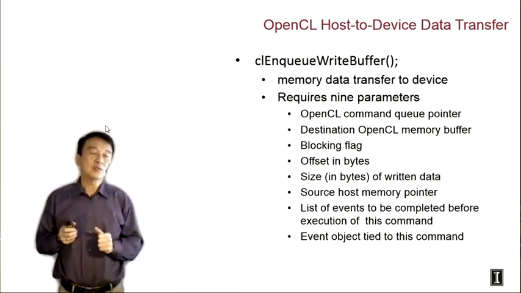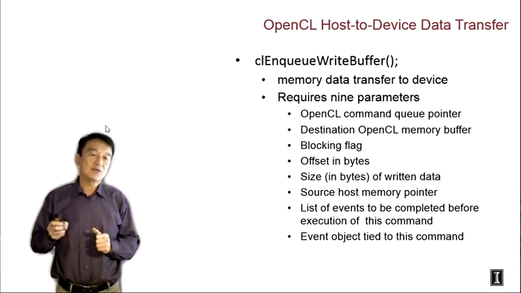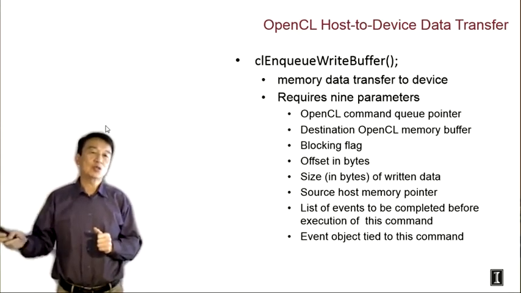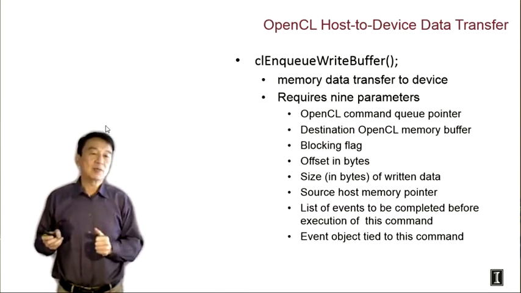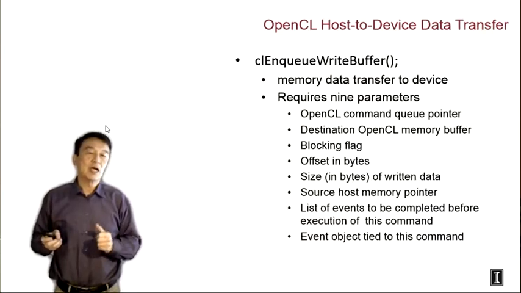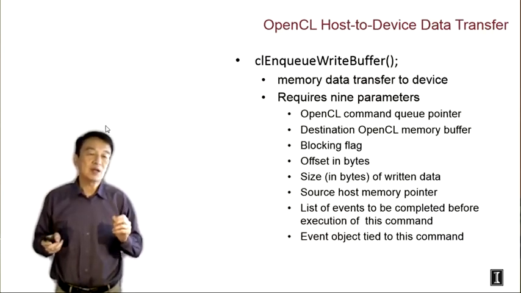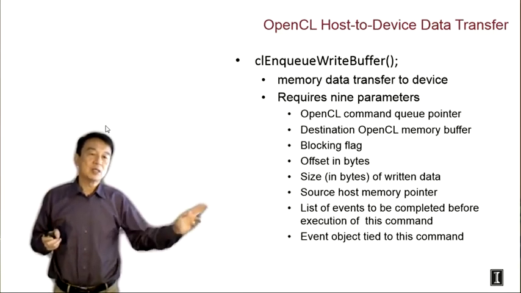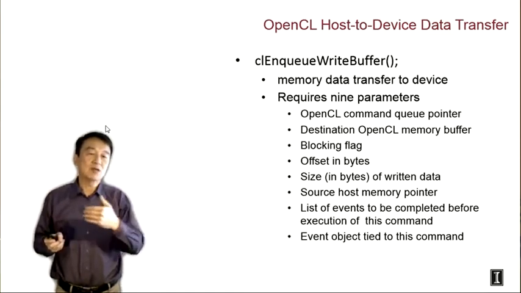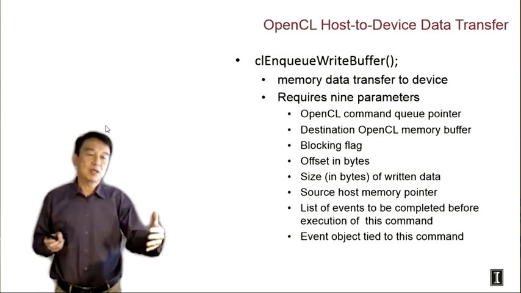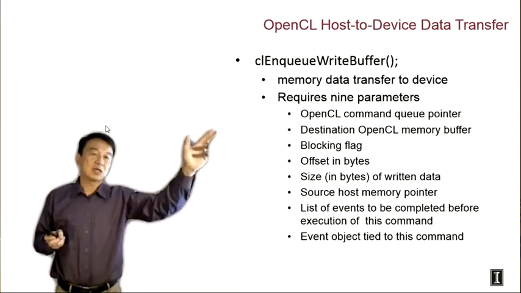And then the source host memory pointer. This gives us the pointer to the host code location where we're going to be copying data from. And then the list of events to be completed before the execution of this command. This is related to the task parallelism that we discussed in the CUDA task parallelism section. It is very similar to the synchronization command, but this allows the runtime to check on several other events that need to be completed before this copy can happen.